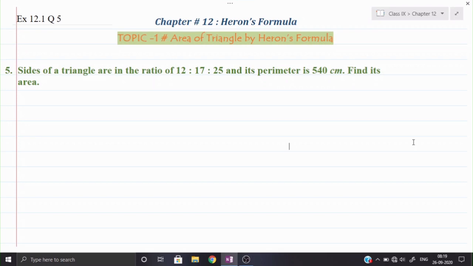First of all, suppose I have two numbers. One number is 20 and the second number is 25. Now suppose I say find the ratio between 20 and 25. So you will divide 20 by 25. Now see which common number can divide both.